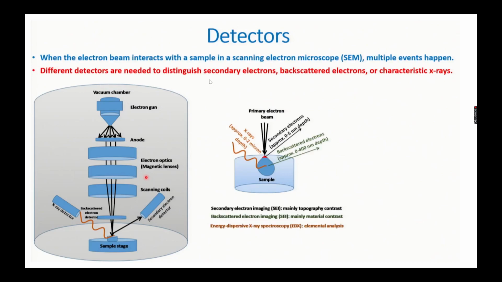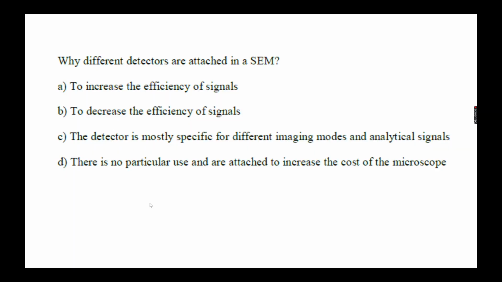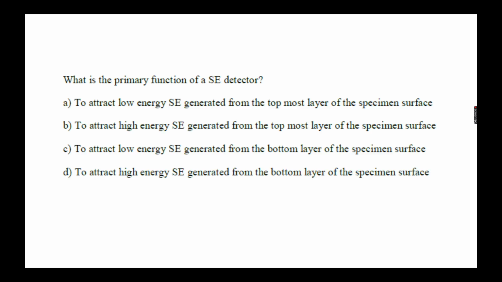In order to capture all those signals, suppose secondary electron, backscattered electron, characteristic X-ray, we need a detector. Here in this image, this is your sample, this is your secondary electron detector, this is your X-ray detector, and this is your backscattered detector. In this way we can say that the detectors are mostly specific for different imaging modes and analytical signals. Fine, so the answer is C.